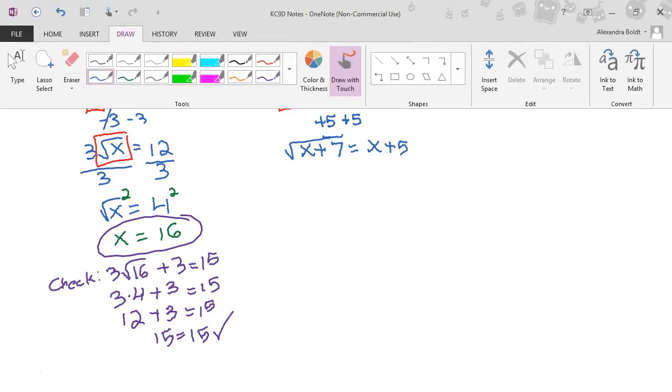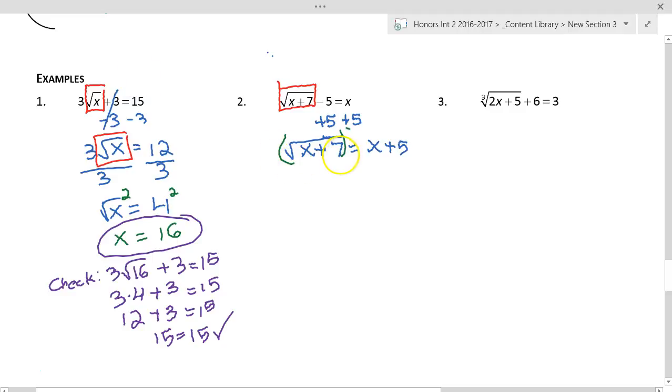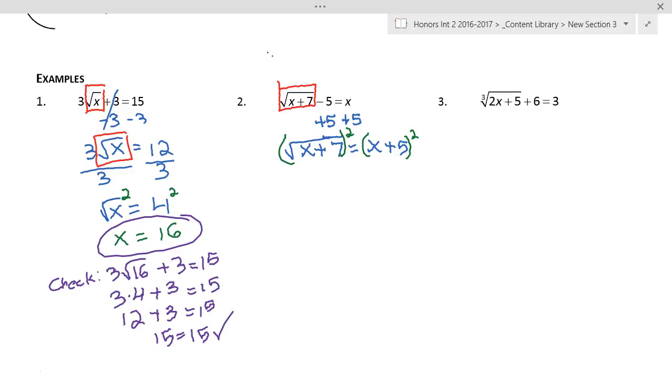Now that I have this, I want to square both sides. So I'm not just squaring x, I'm not just squaring 5. I'm squaring x plus 5. What that means is I now have x plus 7, my square root goes away, equals x plus 5 squared, which is the same as x plus 5 times x plus 5.